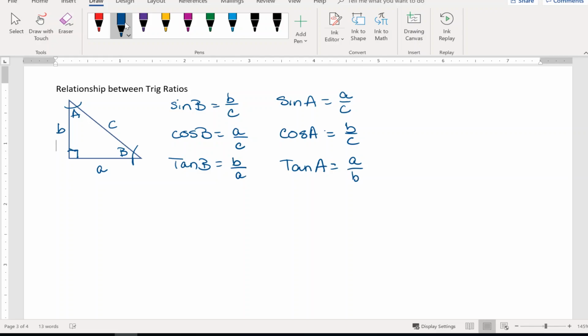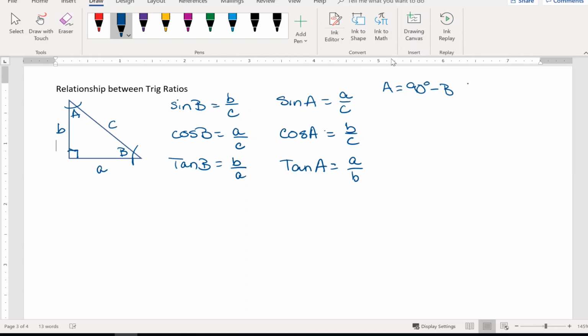Now, what else do we know about A? We know that angle A has to equal 90 degrees minus angle B, because all angles in a triangle sum to 180 degrees. We already have one angle that's 90, so A plus B must equal 90 degrees. Now let's write this a slightly different way.